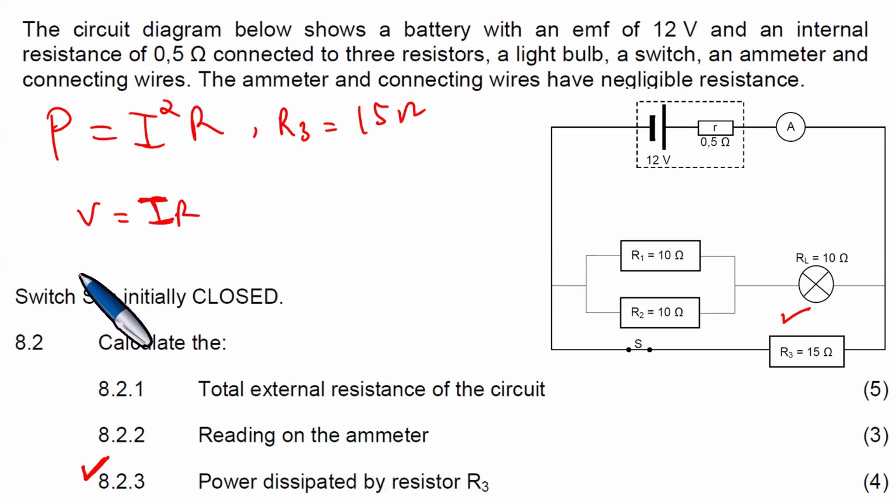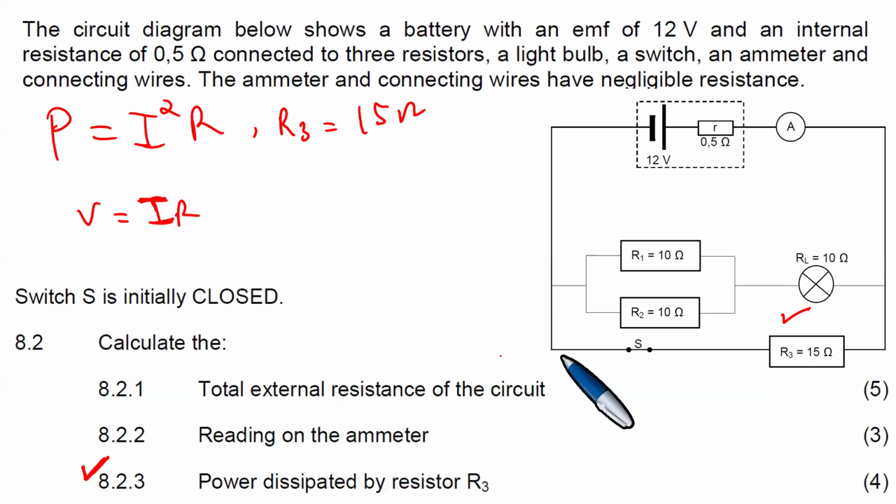Okay, now let us reason together. The question then is, what is the potential difference here? What exactly becomes the potential difference there? Because you already know that it is resistor R3, but we're also interested in knowing what the current is that passes through that part.